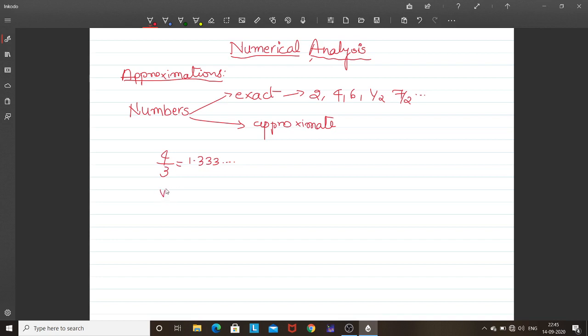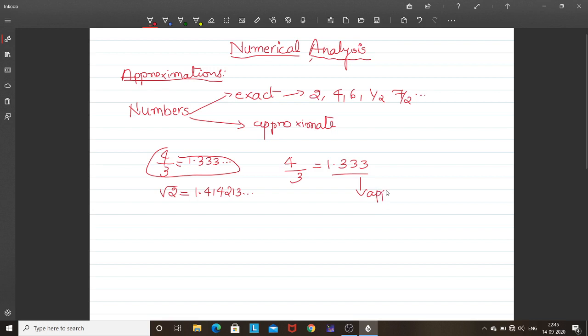Similarly for root 2, I can take 1.414213 and so on. I can write 4 by 3 as 1.333, restricting the decimal places to only 3 positions. This is called the approximate value of 4 by 3.